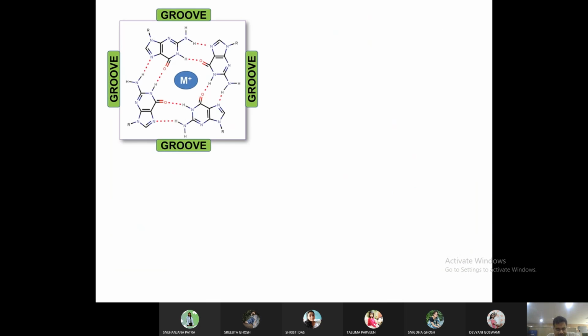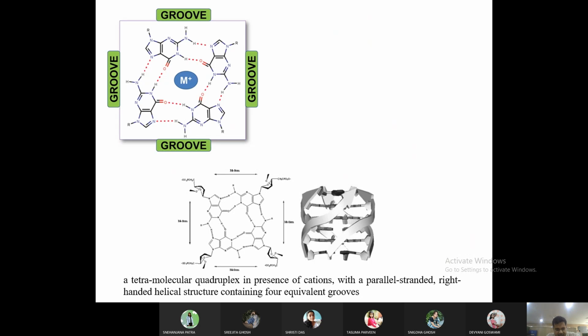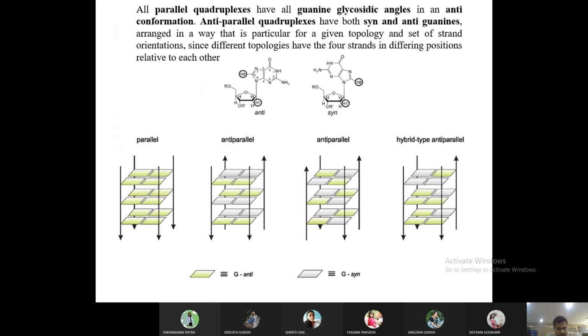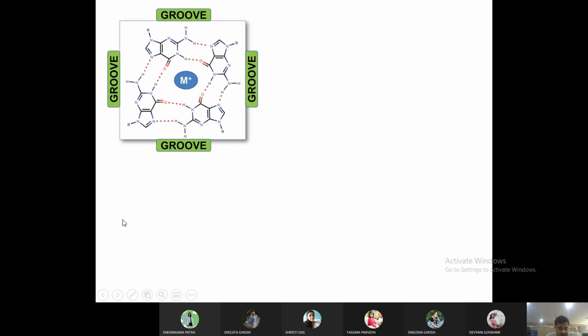Quadruplex DNA can be of various types. One type is where all four strands are going in parallel direction. So this is a tetramolecular quadruplex of parallel type, where all four strands go in the same direction, 5 prime to 3 prime. This is a cross section of that kind of four-stranded DNA.